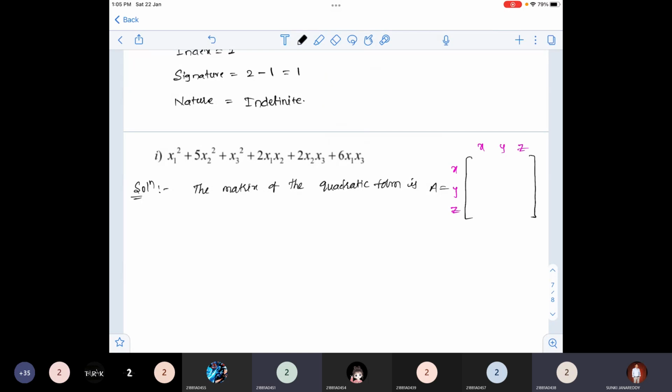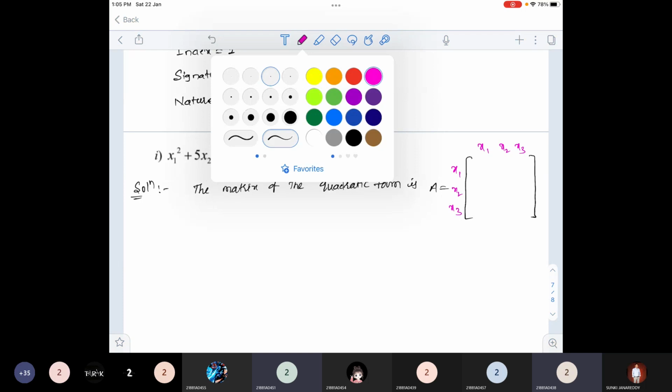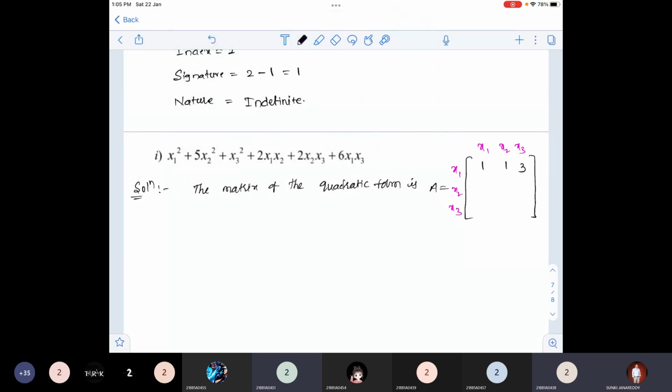Okay, tell me the first one: x1 square. 1 1 3, 1 5 1, 3 1 1. I think you understood. All of you okay? Anyone have any doubt about this matrix?